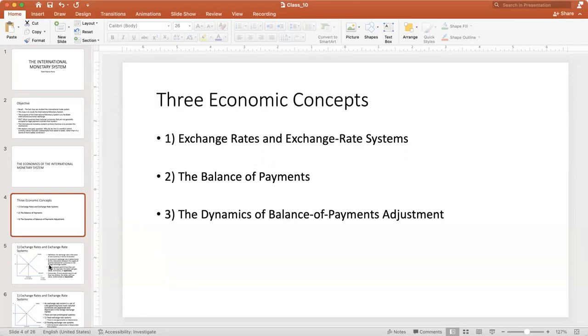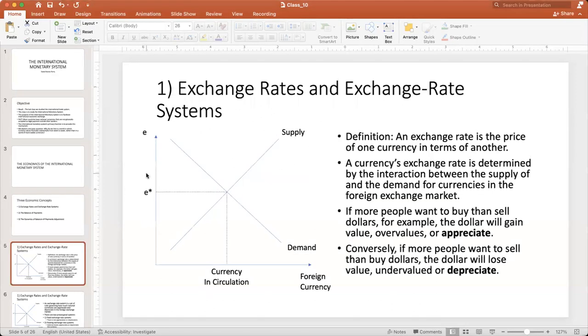So let's begin with the first concept, which is the exchange rate and exchange rate system. The definition of an exchange rate is the price of one currency in terms of another. That price is determined by the interaction between the supply and the demand for currencies in the foreign exchange market. Basically, an exchange rate is a price.